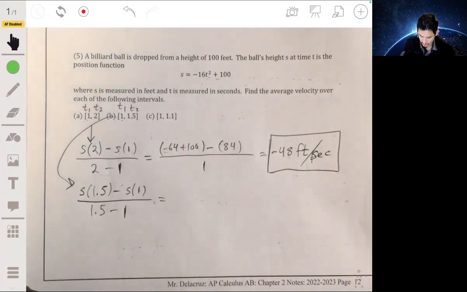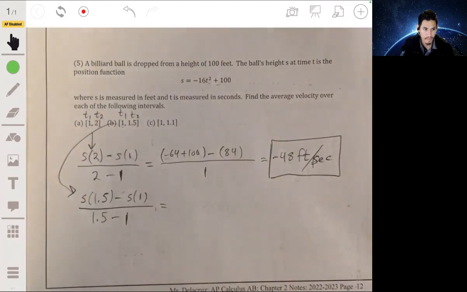S of 1.5, plugging it in, plus 100, you get 64.